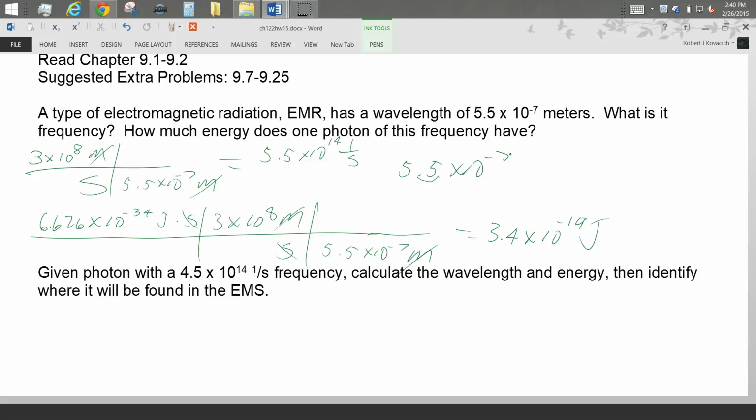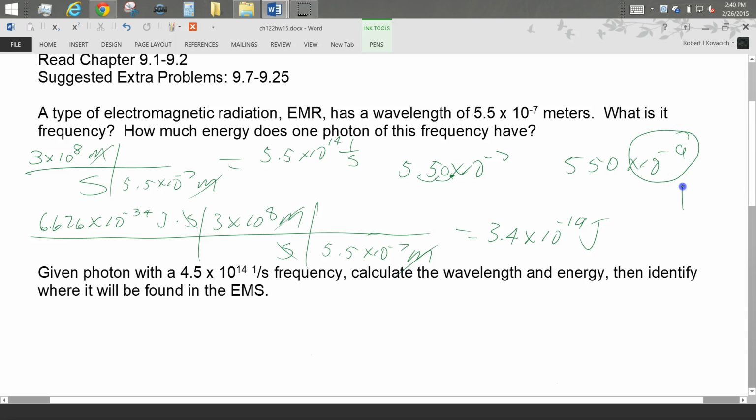I make it an 8. Oh, smaller. So how about it's further from 0? Yeah. So then if I do it again, and I put a 0 in there, and I make this 550 times 10 to the negative 9th, what can I do with this thing? Convert it to nanometers. That is nano, right?